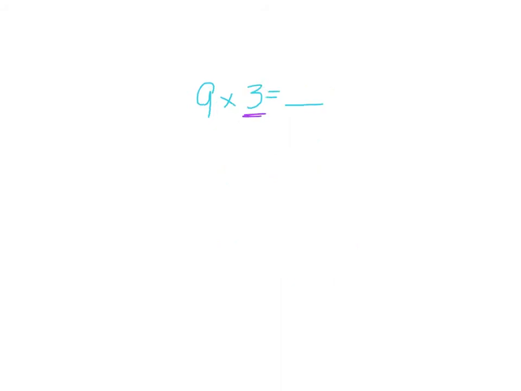Nine times 3. 3 minus 1 is 2. That goes in the tens place. 9 minus 2 is 7. 7 goes in the ones place.